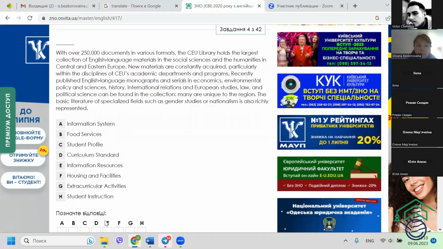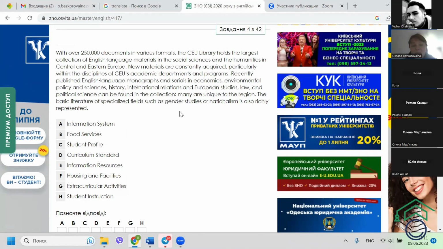With over 250,000 documents in various formats, the CEU library holds the largest collection of English language materials in the social sciences and the humanities in Central and Eastern Europe.